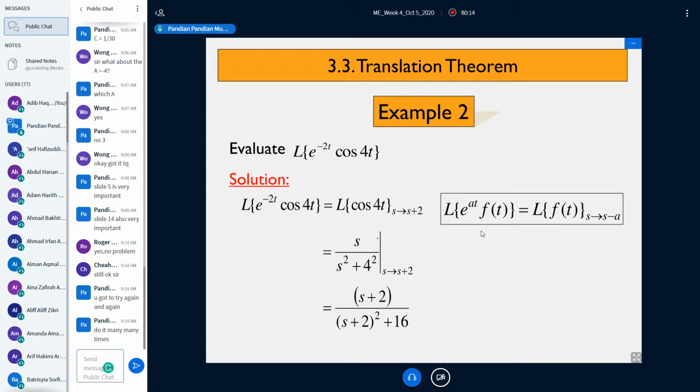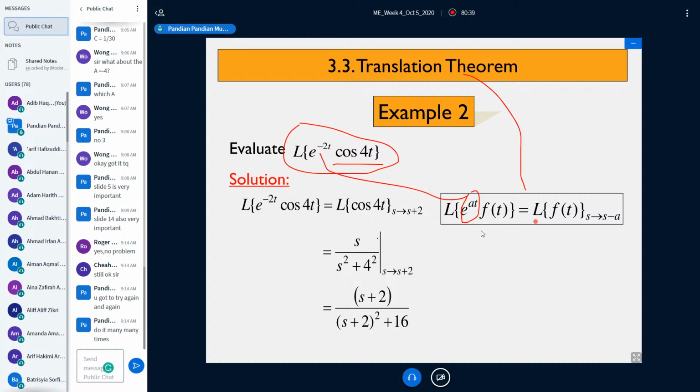Now, Laplace of e^(2t) cos 4t. All right, this one. Your e^(at) equals e^(2t), and f(t) is your cos 4t. So Laplace of e^(at) f(t), this is the translation theorem. You must make use of this.